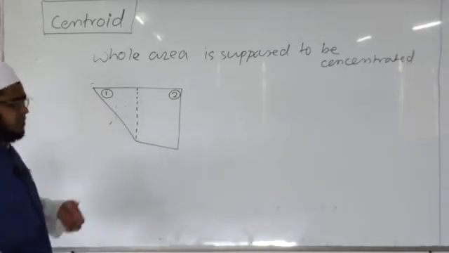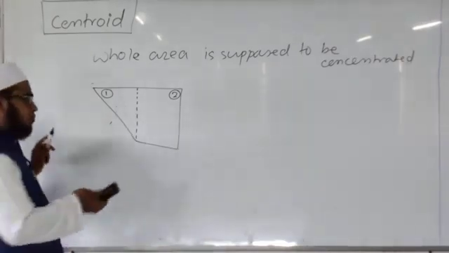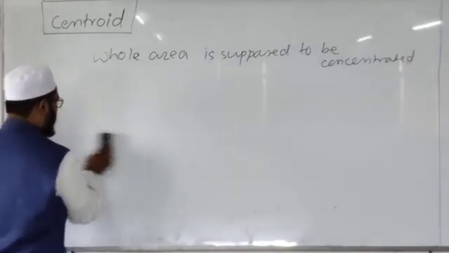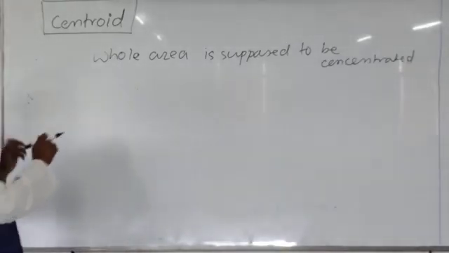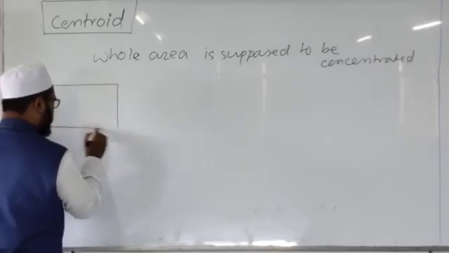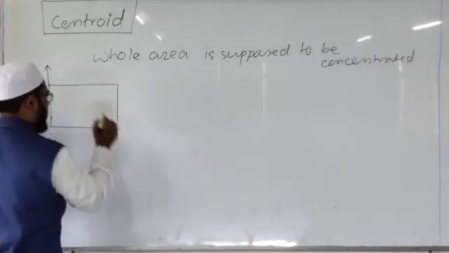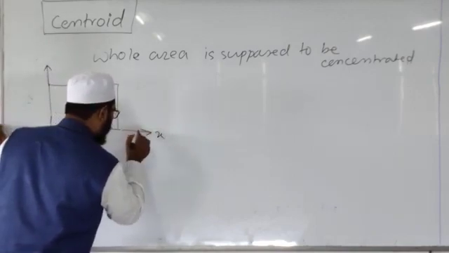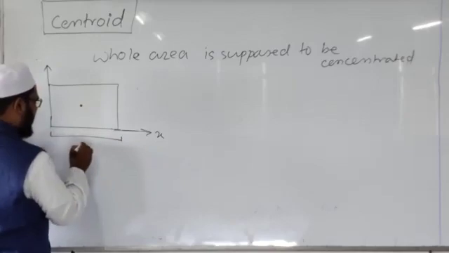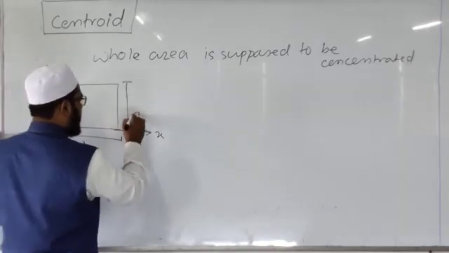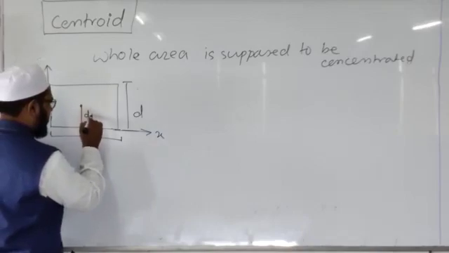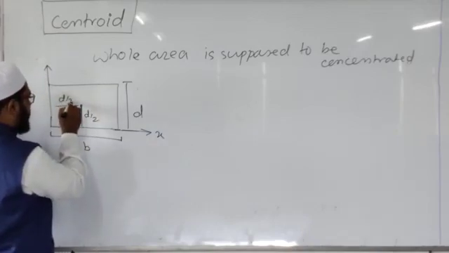For determination of the centroid of the irregular figure, we require the centroids of the standard figures. We will write the centroids of standard figures here, which are already known to us, but for understanding, I am writing: if it is a rectangle having width b and depth d, then the centroid is b by 2 and d by 2.